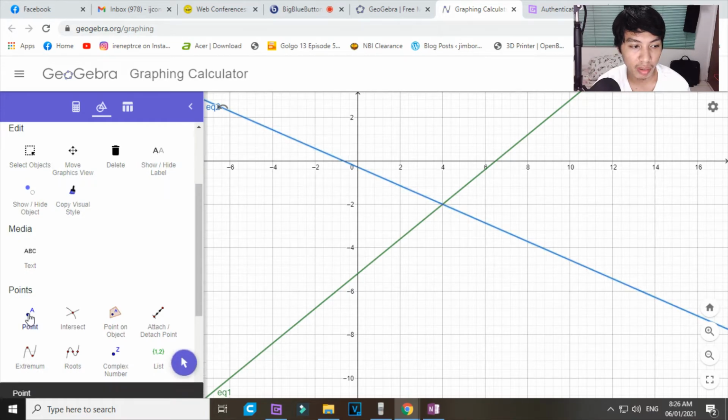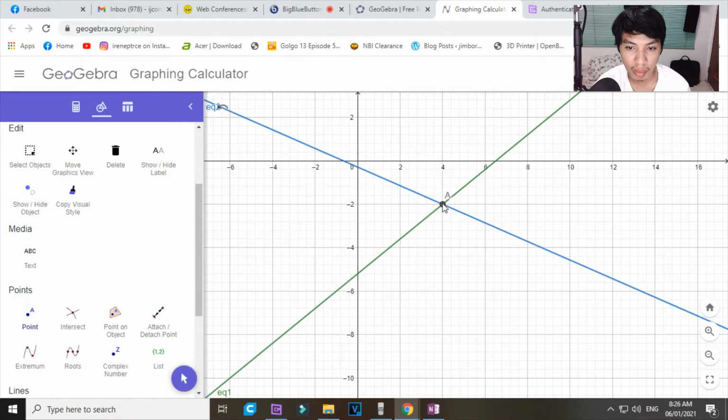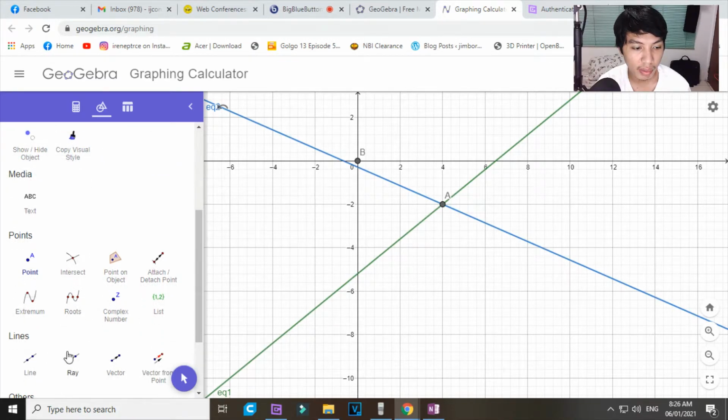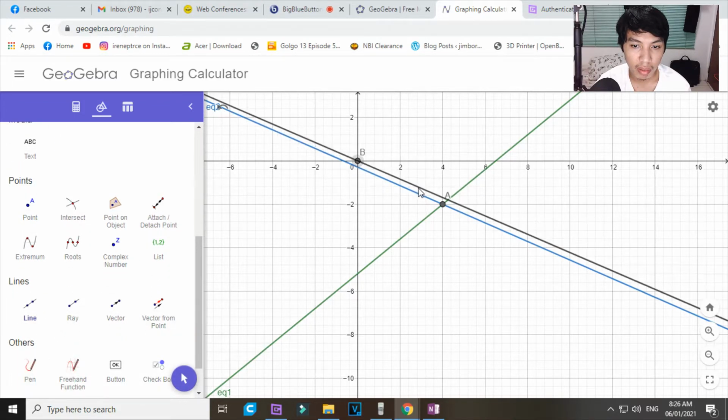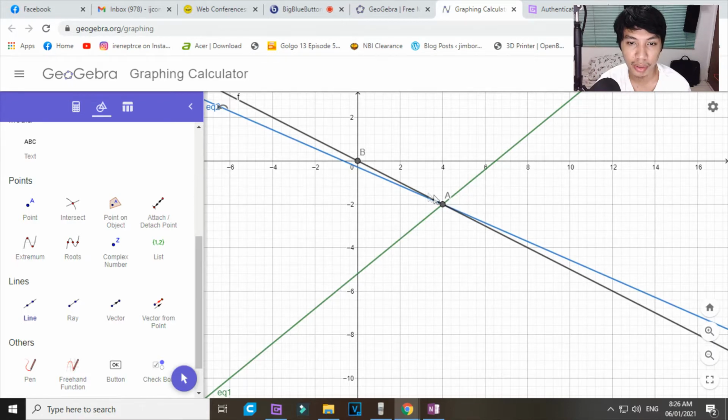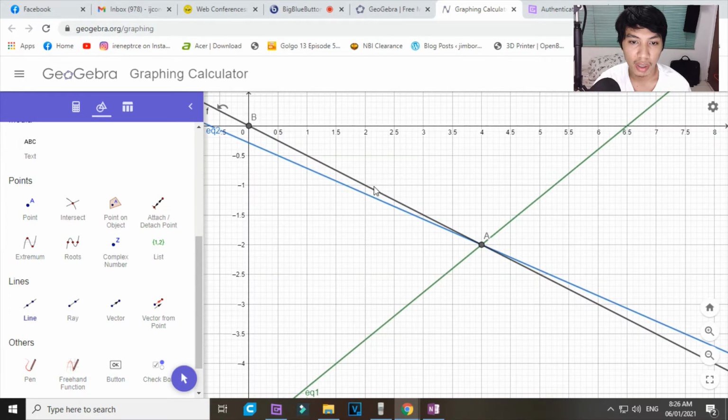So, point. This point daw. Ayan. And then, this is the point of the origin. Ngayon, i-connect natin yung line na yan from here up to here. Gaano daw kalayo? Yun yung tinatanong sa kanya. What is the length of this line?